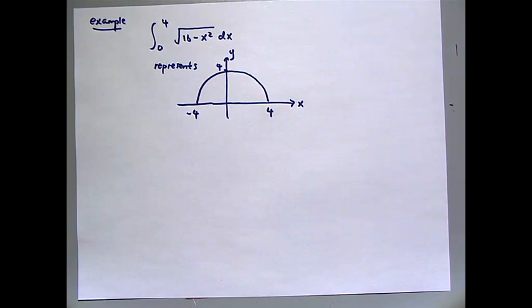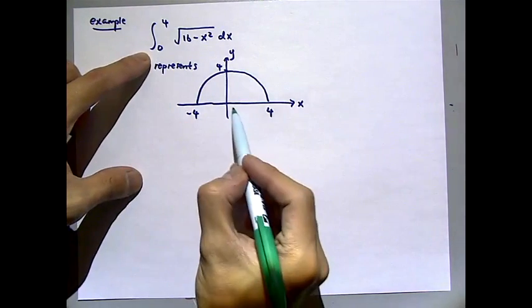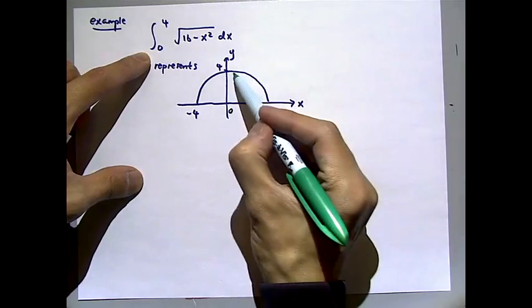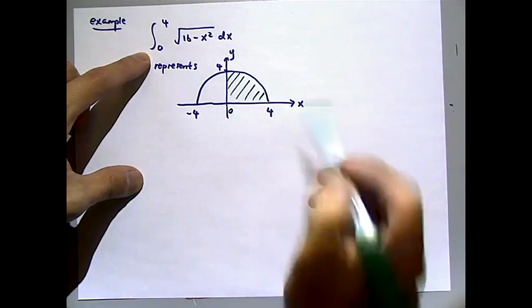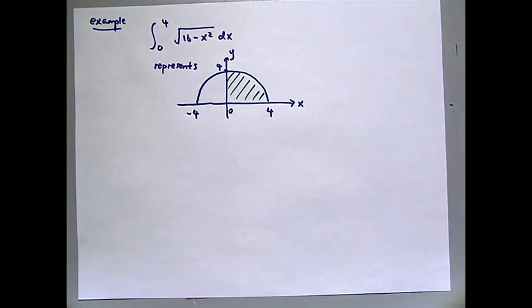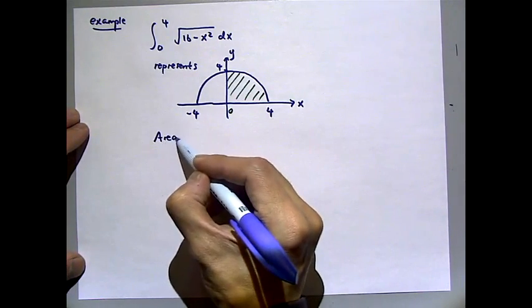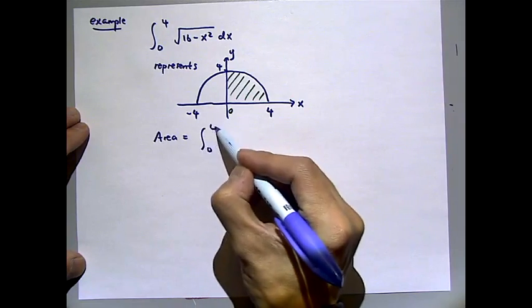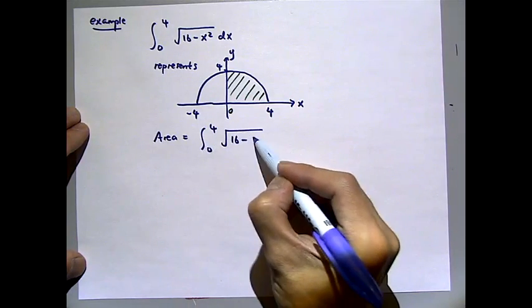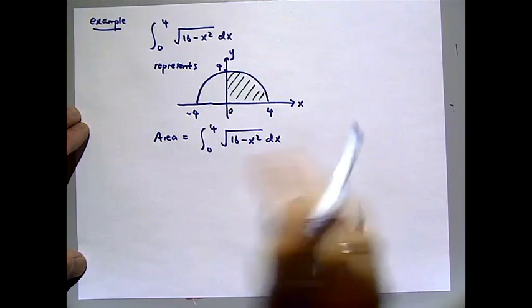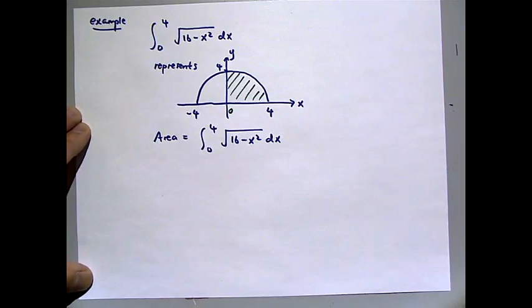But the portion that we care about is from 0 to 4. So we care about this portion. Right? Again, it's an elementary shape. We know the area. So this thing here is representing the area in the green shaded region. It's a quarter circle of radius 4.